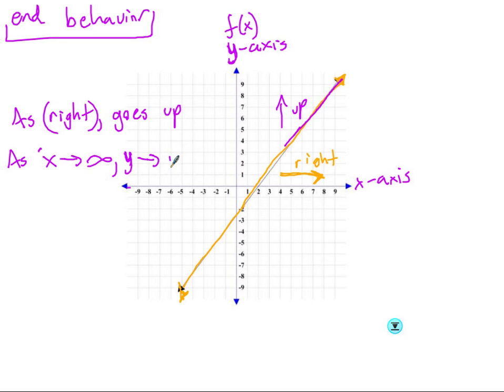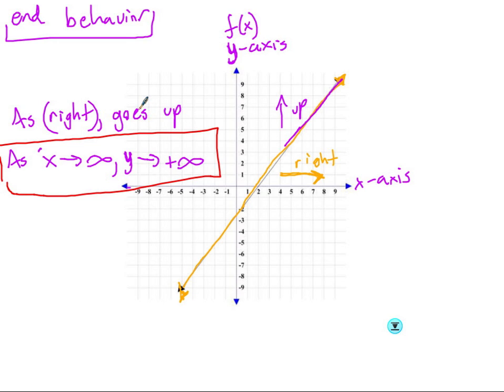So we're talking about positive infinity. Here is the end behavior for my graph: as x goes to infinity, y goes to infinity. This is saying as you go to the right, the graph goes up. That's it.